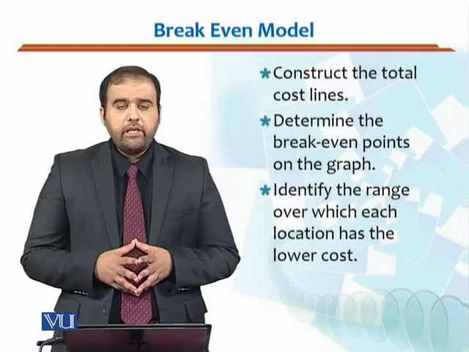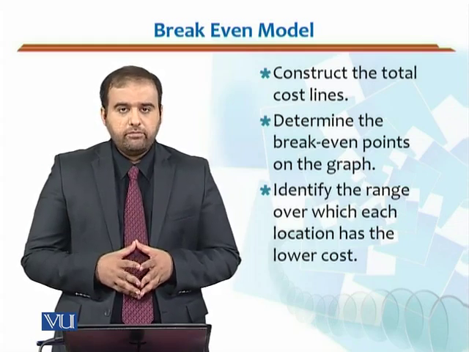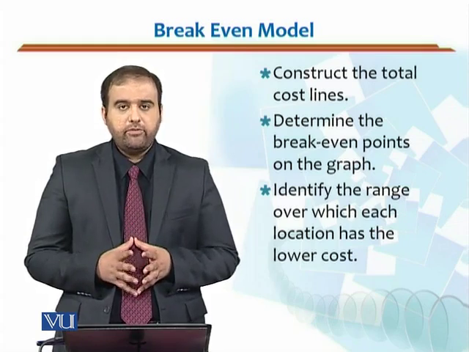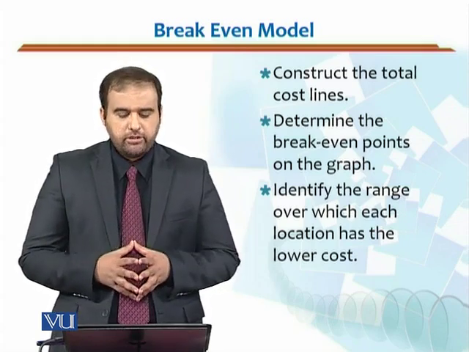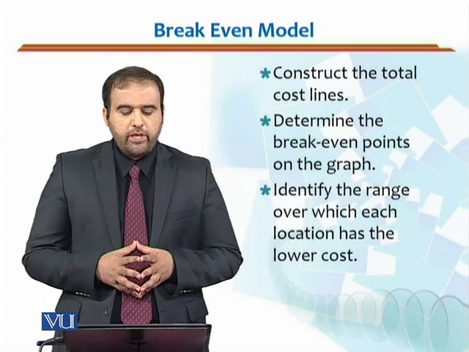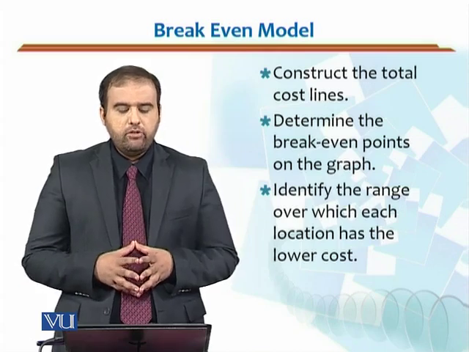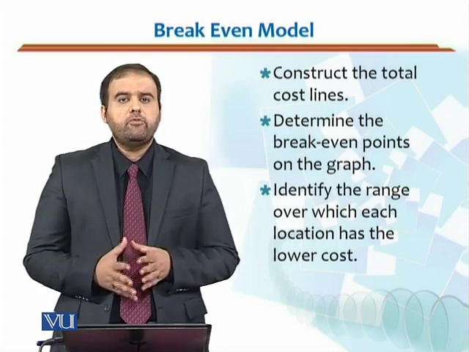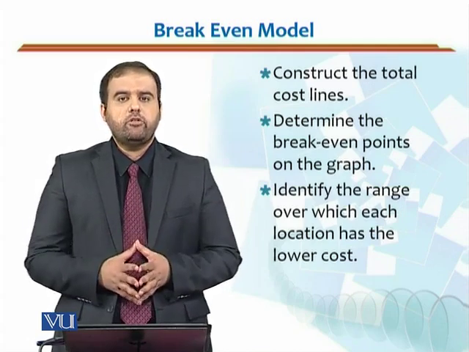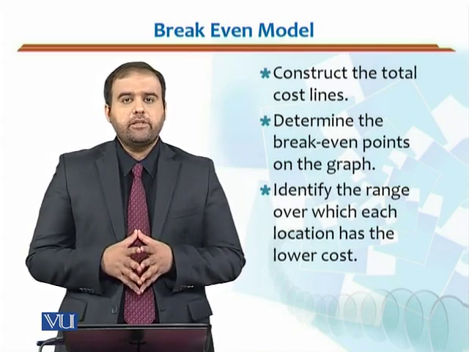Then you can determine the break-even points on the graph. Graphically, it's possible if you do not have many options. Identify the range over which each location has the lower cost. जब आप graphical approach की बात करते हैं, तो you will have the intersection of lines. Graphical lines intersect करेंगी.